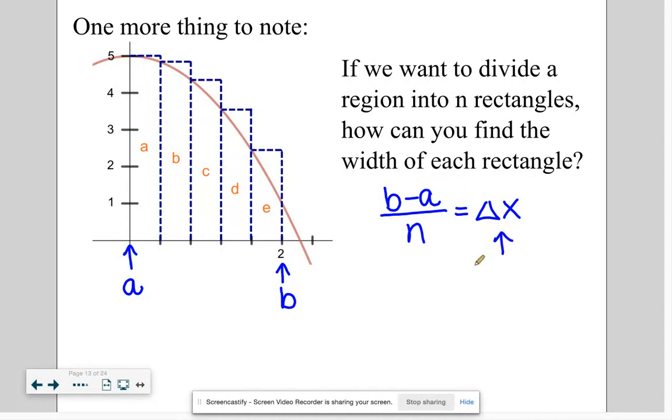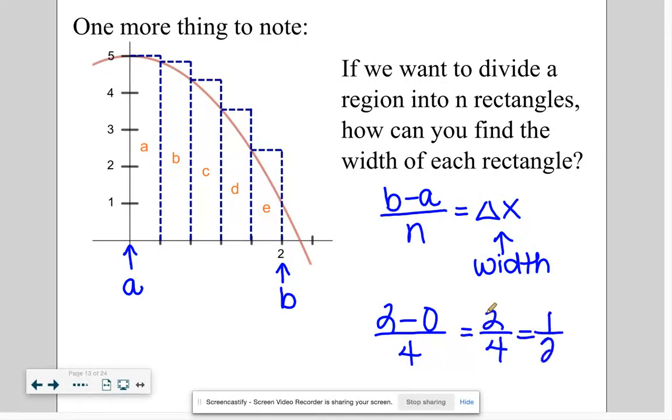Okay, and that is going to equal the width of each rectangle. For example, if this one was 2 and started all the way back here at 0, and I wanted 4 rectangles, then the width of each rectangle would be 1/2 of a unit.